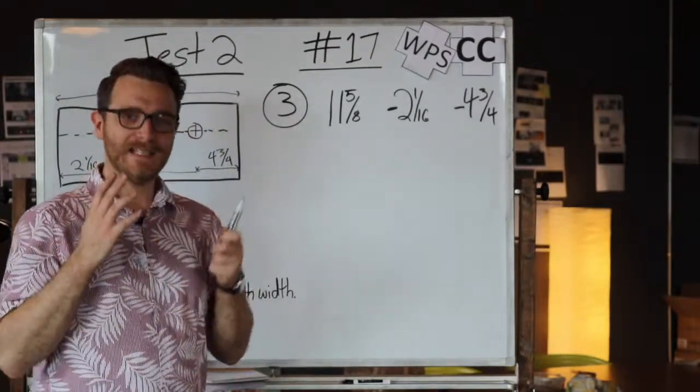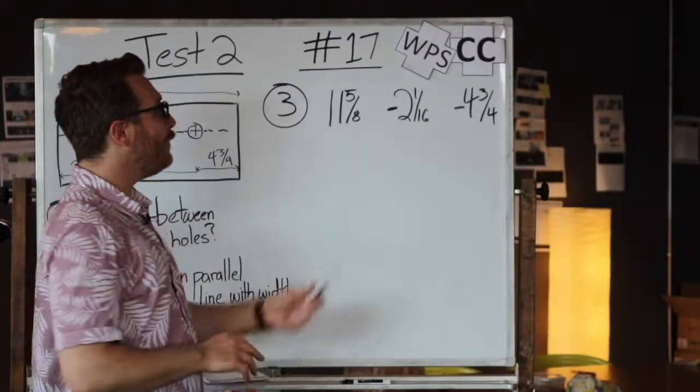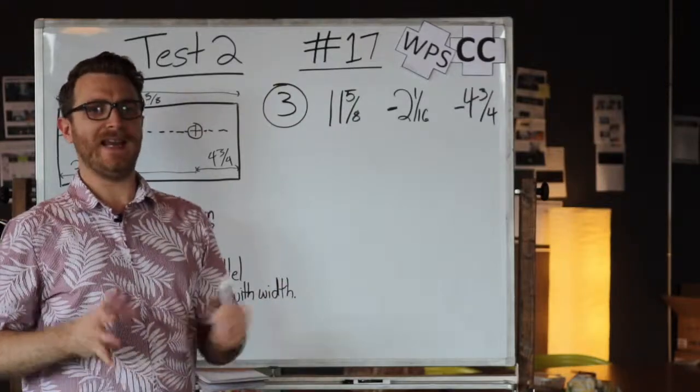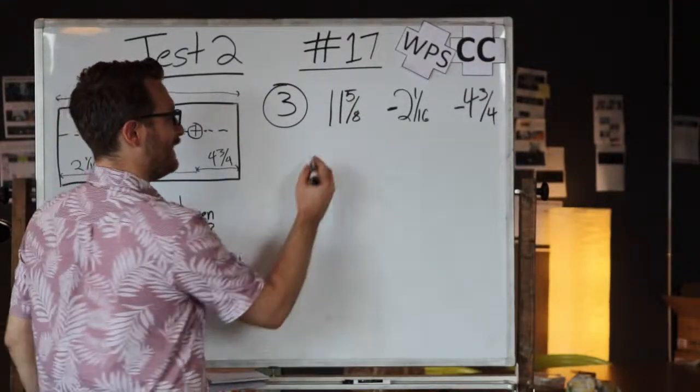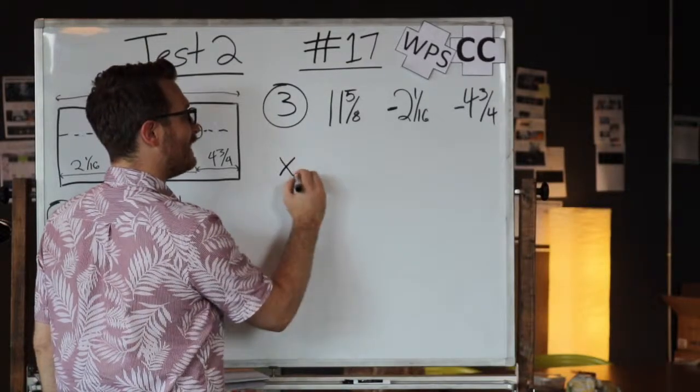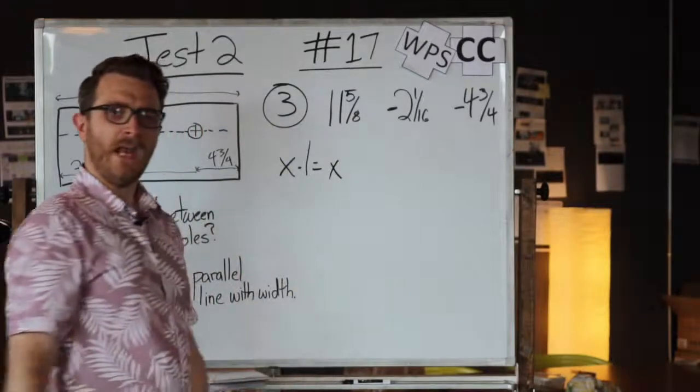I can't simply subtract each one. So what I'm going to do is I'm going to multiply them times something that makes them all have the same denominator. Now remember, if I multiply something times 1, anything times 1 is going to equal itself, right? It's going to stay the same.